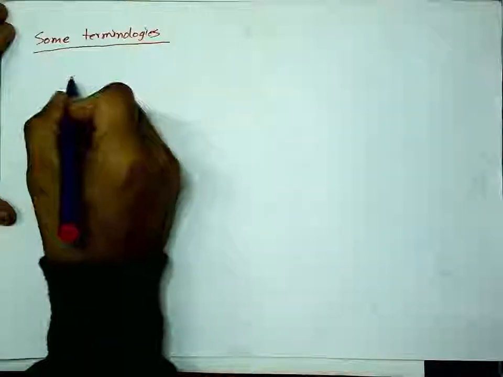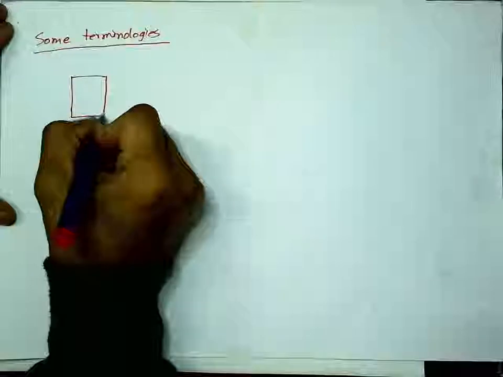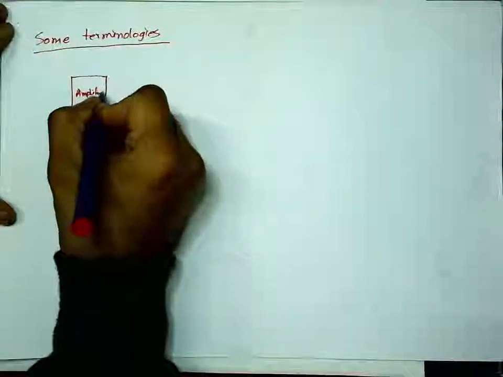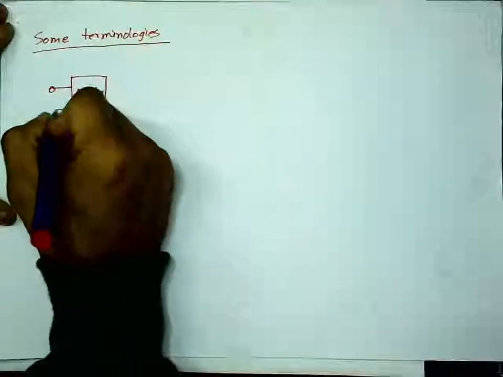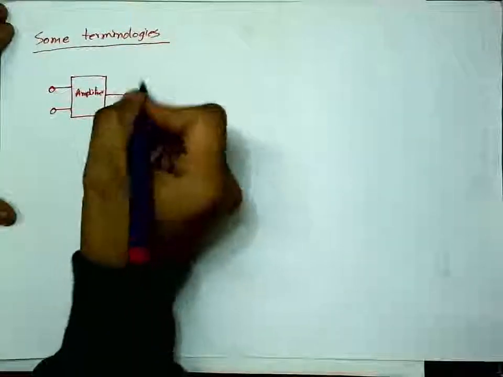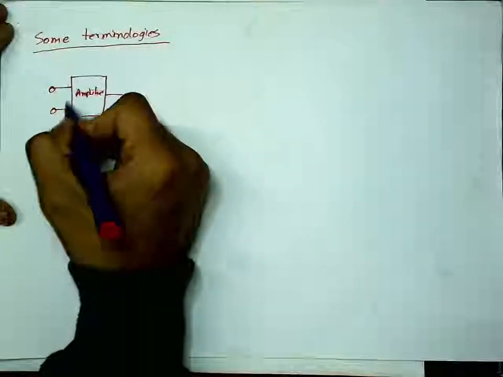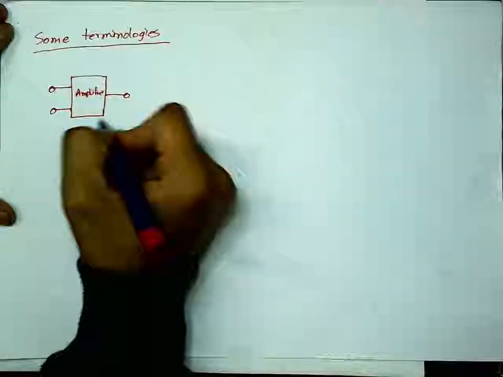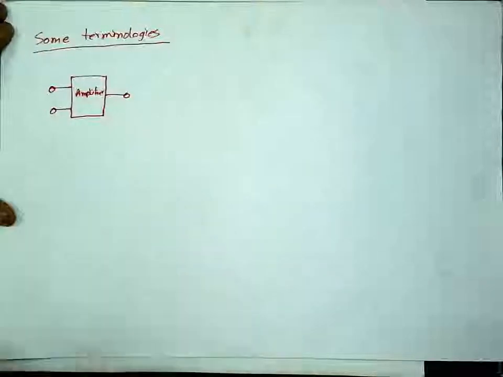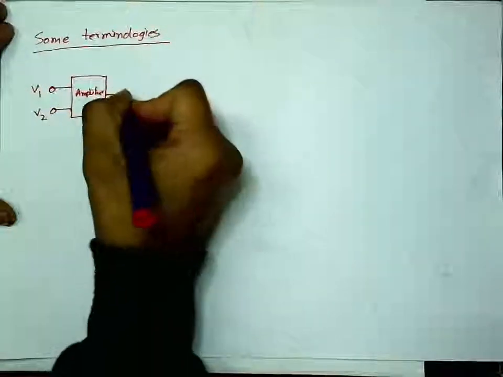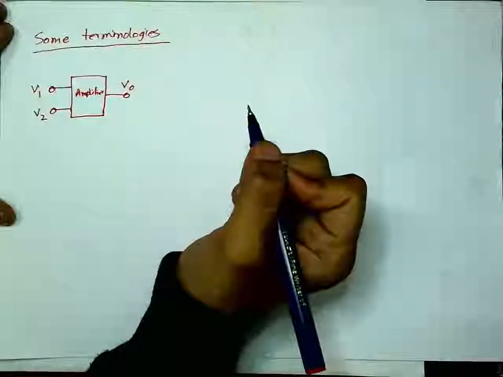If I have an amplifier which has two inputs and one output, like our instrumentation amplifier, I draw the entire circuit as a black box, or a white box in this case, with two inputs, V1 and V2, and VO as the output.